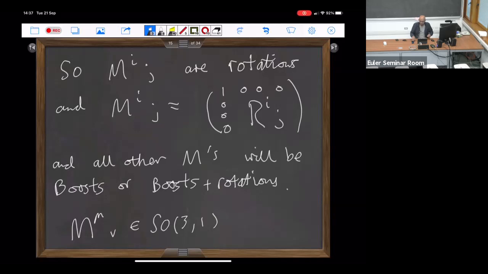So now the R's are SO3 matrices. Any other element of the Lorentz group which is not a rotational one will contain some sort of boost. So in some way of writing it, there will be hyperbolic sines and cosines around.